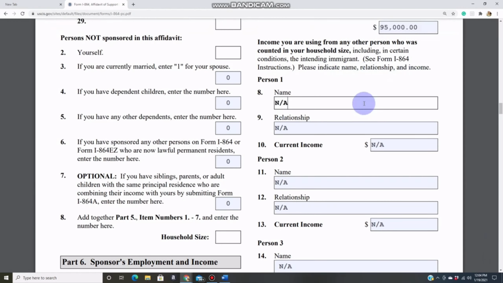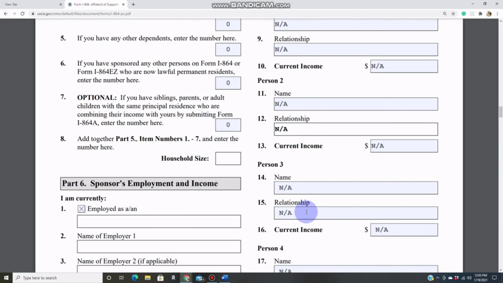So in this part, if you are combining the income from your family members, children, in part 7, item number 7, part 5, then you must write down the person's name, the relationship, and the income of that person in this space provided. Since my husband is not combining any income from a family member, children, or any relative, I write an A in this space provided.